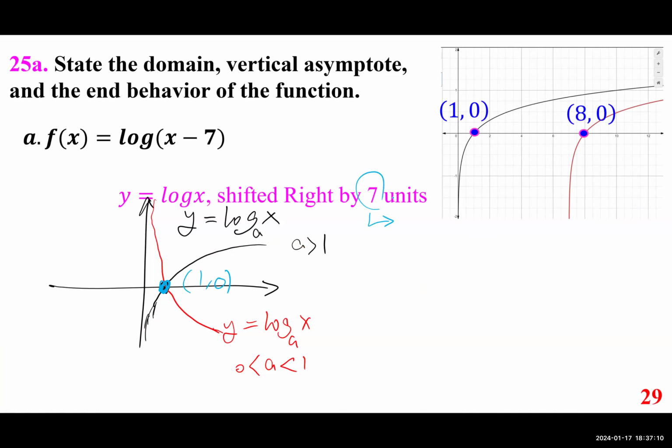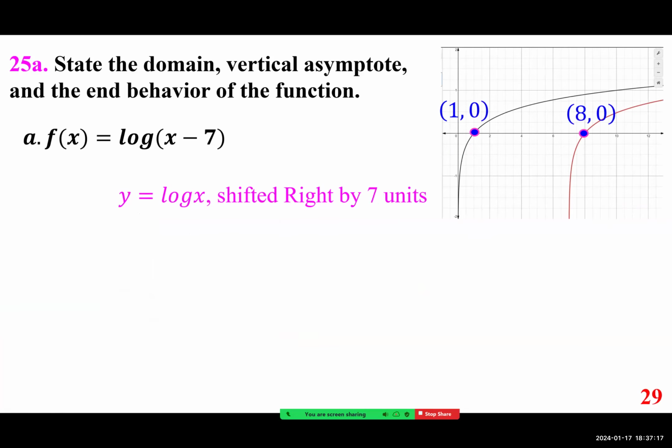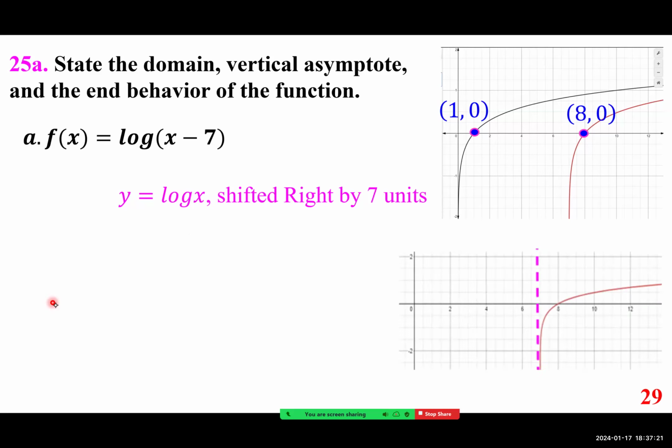So let me erase my mess. Here's the graph. Here's your vertical asymptote. And that's x equals 7. Okay, this is, as I said, 8, 0. This is x equals 7.